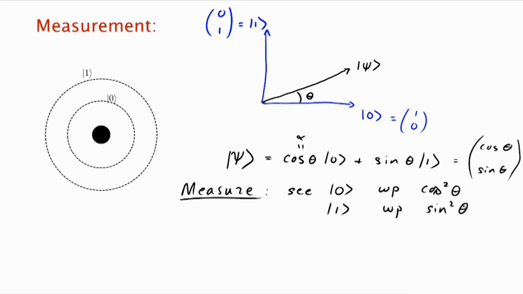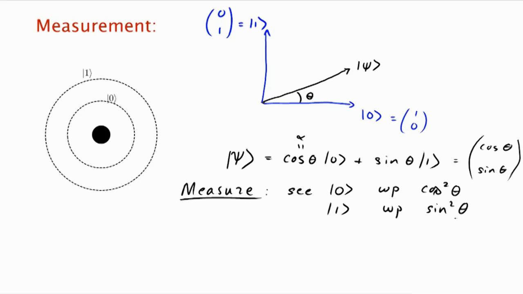So your measurement gives you 0 with probability cosine squared theta and 1 with probability sine squared theta. Now, remember that the measurement disturbs the system. So you not only read off 0 or 1, but the state of the qubit actually becomes ground or excited at that moment.